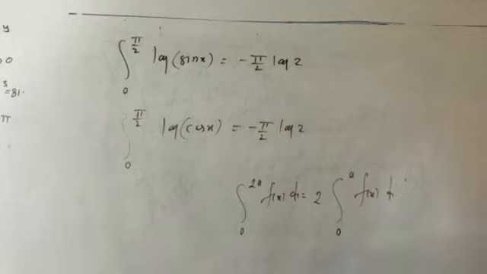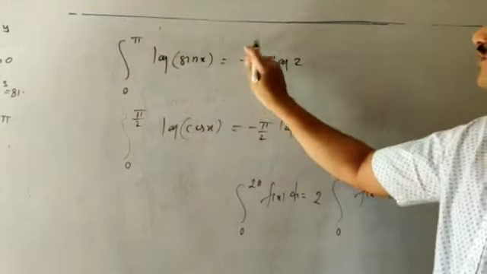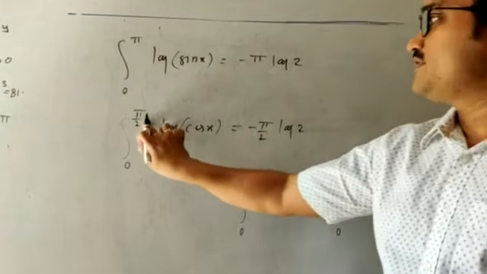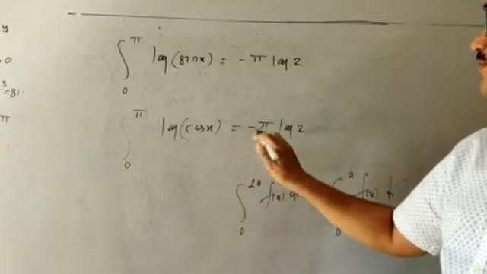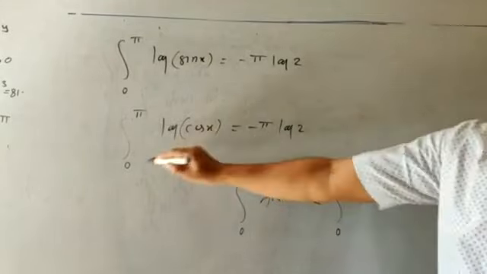So if we change this pi by 2 to pi, then there will be 2 here, so this 2 gets cancelled. So it will be minus pi log 2. And if it is 0 to pi for cos also, the same question will be just minus pi log 2. So this will be the answer if it is 0 to pi.